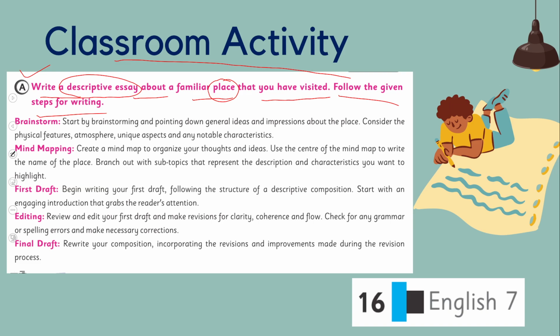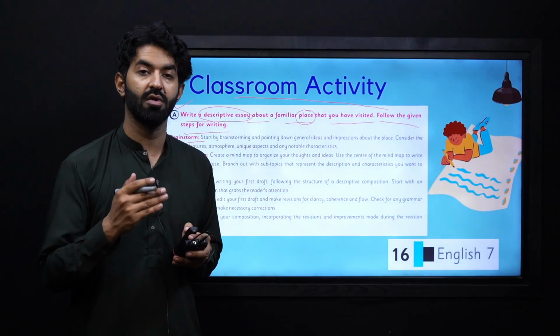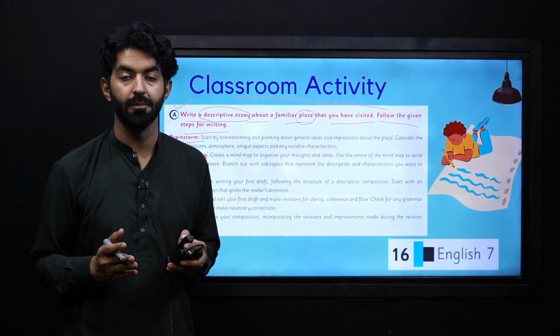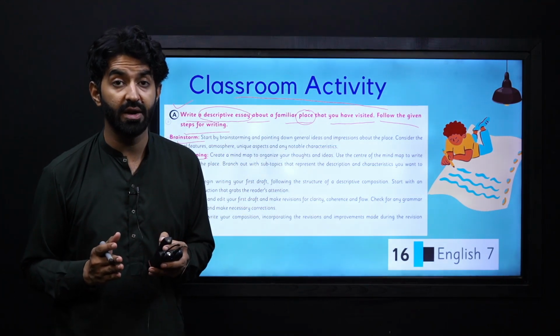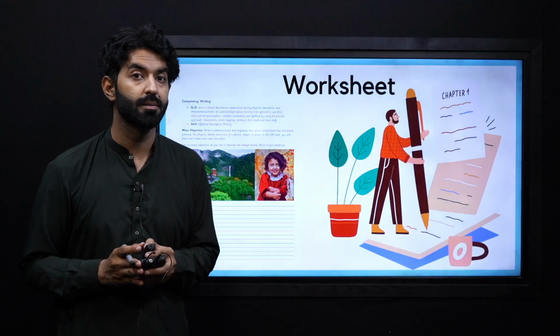You will follow the pre-writing techniques like brainstorming or mind mapping, and in the drafting part of the process approach of writing, you will be writing the first draft, then editing it, and finally writing the final draft after editing and proofreading it. This is all about the process approach of writing that you are already familiar with.